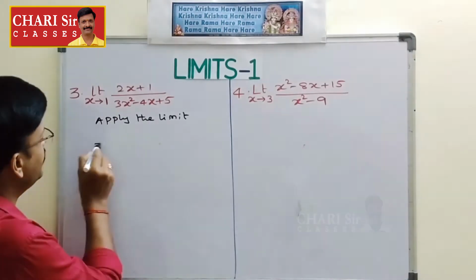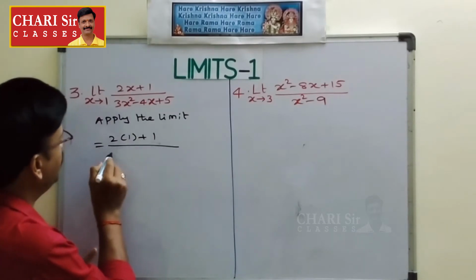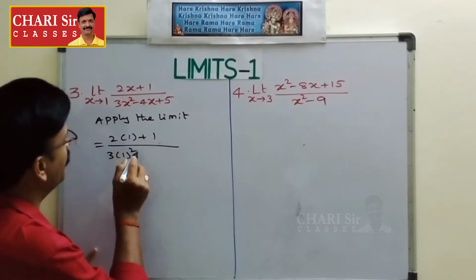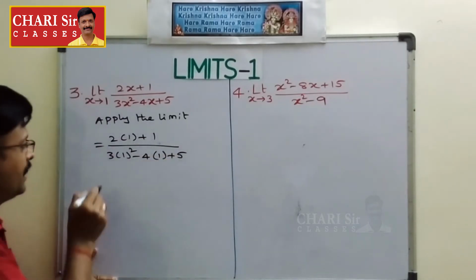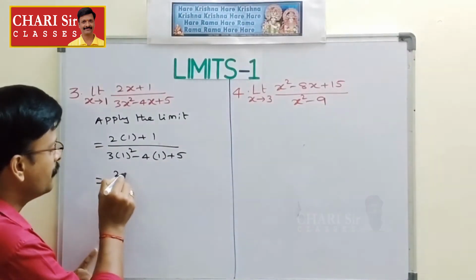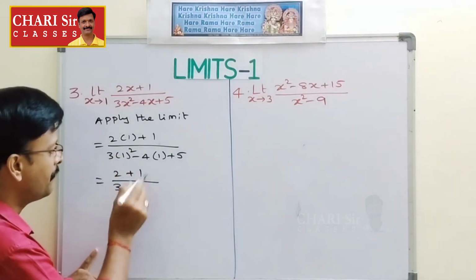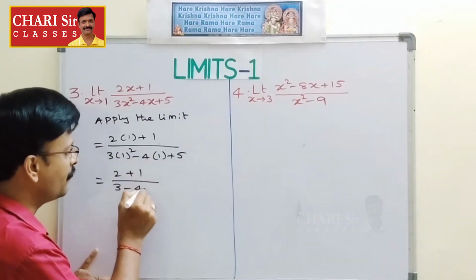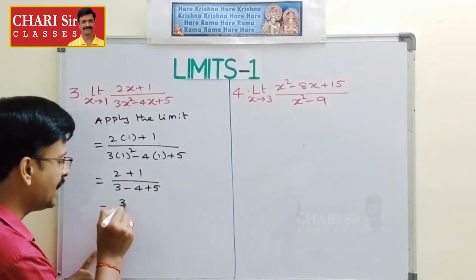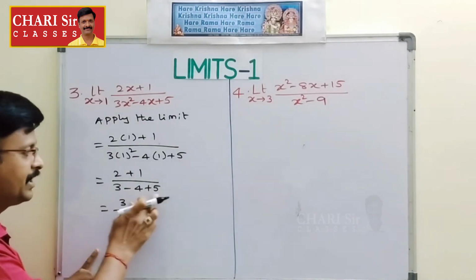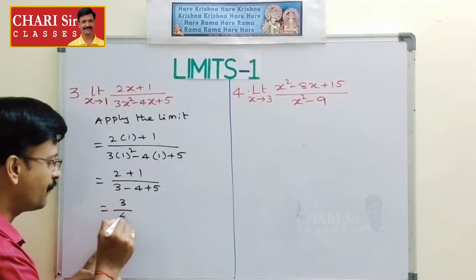So when we apply the limit, 2 into 1 plus 1 by 3 into 1 whole square minus 4 into 1 plus 5. Here 2 ones are 2 plus 1, 1 square is 1, 1 into 3 is 3, minus 4 into 1 is 4, plus 5. You can write it as 2 plus 1 is 3 by 3 plus 5 is 8, 8 minus 4 is 4.